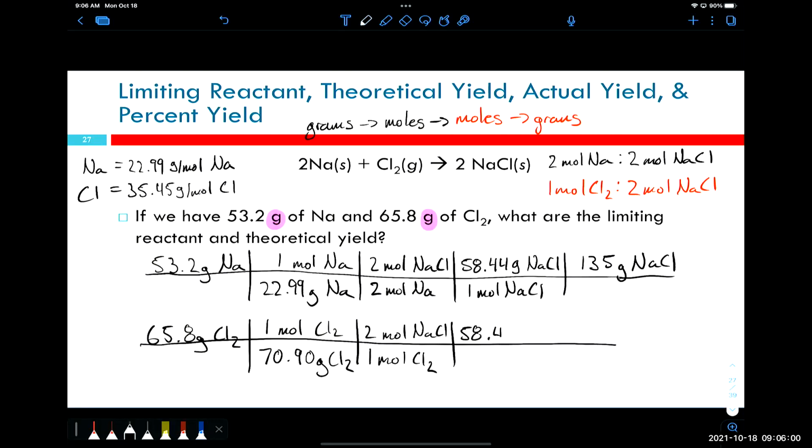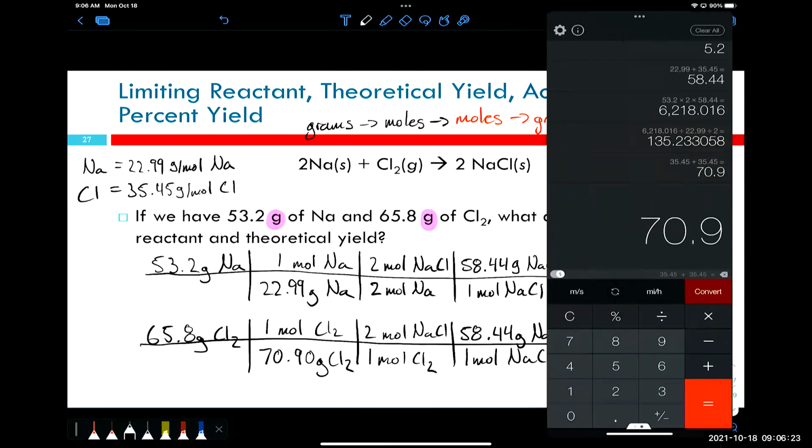This will be 58.44 grams sodium chloride, 1 mole sodium chloride. So then just starting at the beginning of this, we're going to do our 65.8, and we're going to multiply by 2, and then 58.44, times 2 times 58.44, which will equal that.